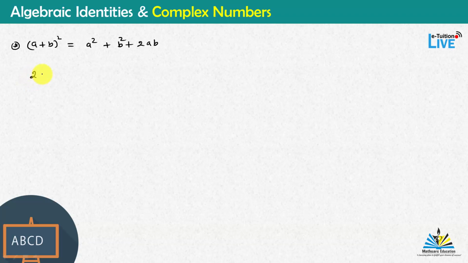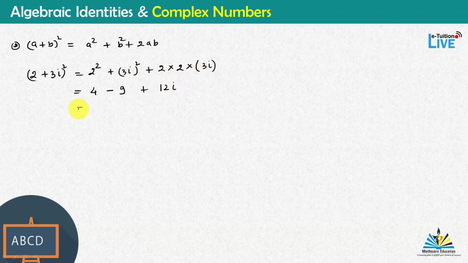If we have 2 plus 3 iota whole square, then we will have 2 square plus 3 iota whole square plus 2 into a into b, that is 3 iota. So this is equal to 4 minus 9, 3 square i square, that is minus 9, and here we have 4 into 3, 12 iota, so that is minus 5 plus 12 iota. So the square of 2 plus 3 iota is minus 5 plus 12 iota.